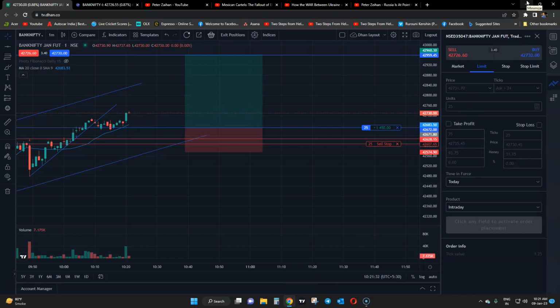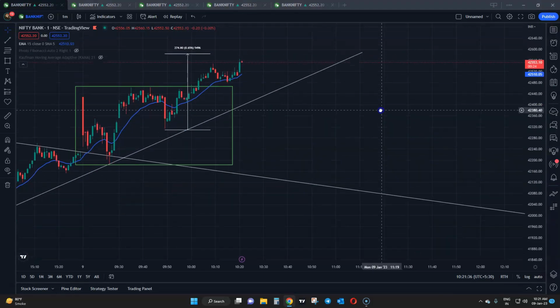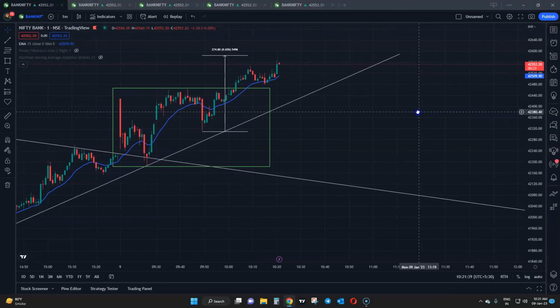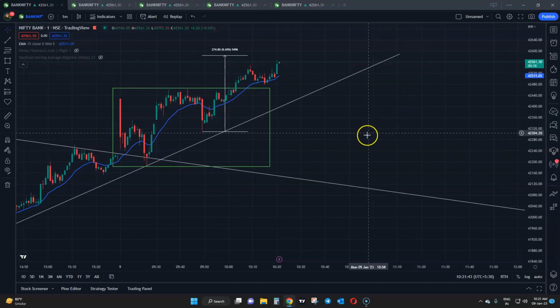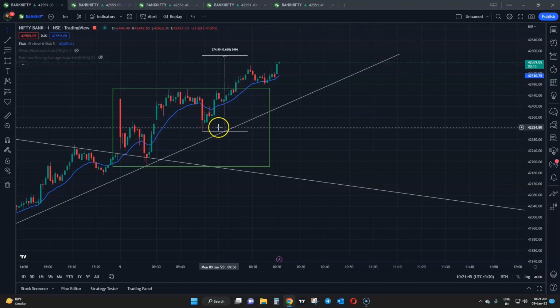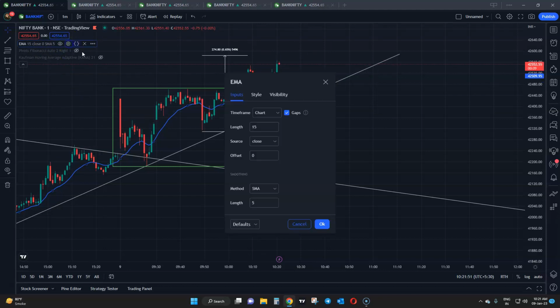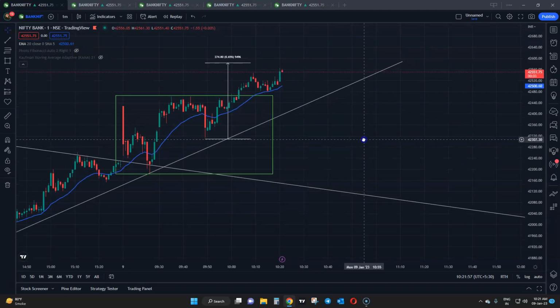Is there going to be a breakout test? Oh, look at this. I think this looks much friendlier than that one. This is all on the EMA. Let's adjust it for sluggishness. Okay.